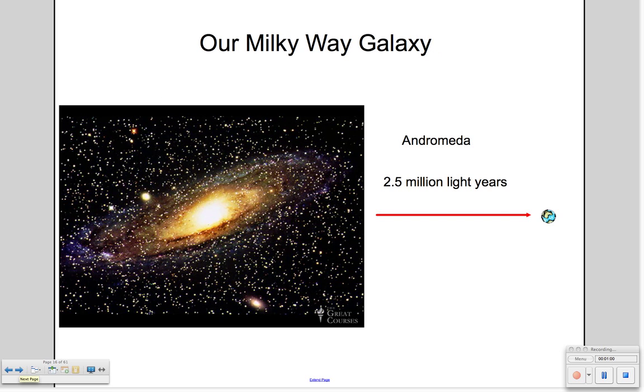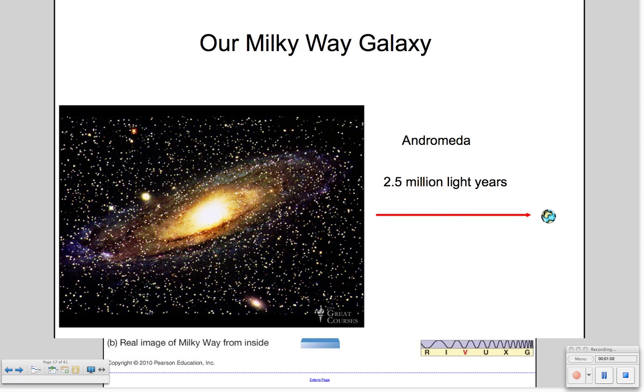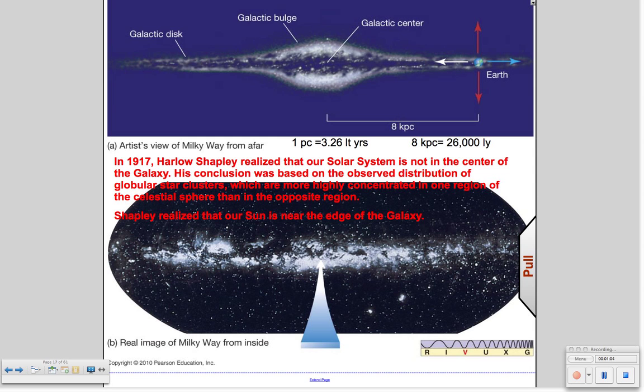But let's go back to our own galaxy, which is called the Milky Way galaxy. This is an artist's conception of what our galaxy looks like from the outside, on top. Obviously, I cannot give you a picture of our galaxy because no one has been outside the galaxy, but it is similar to the Andromeda galaxy that we saw in the previous slide.